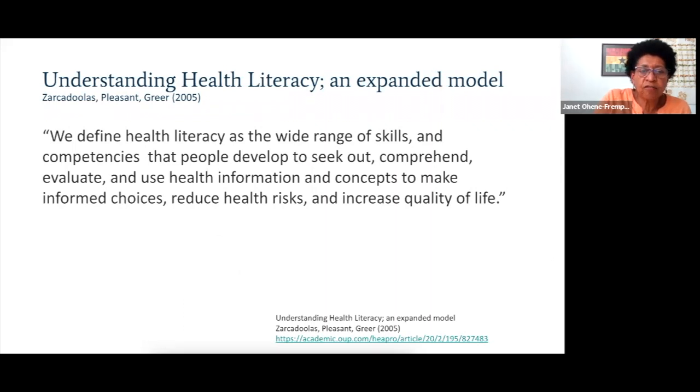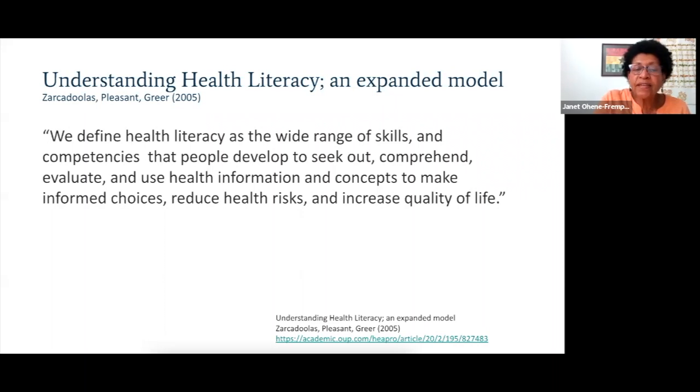In 2005, Chris Sarkadoulis, Andrew Pleasant, and David Greer gave us a really good article entitled Understanding Health Literacy, an Expanded Model. I highly recommend that if you haven't read this, you find it and read it, okay? And here's what they said, just in a few words. This is their definition of health literacy.